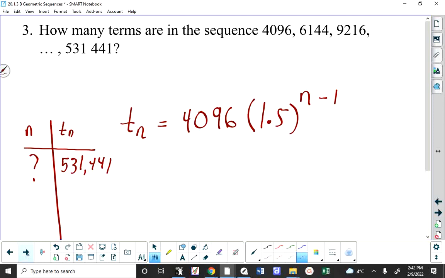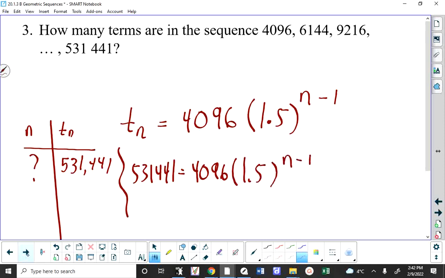So that must be how many terms there are. So we are trying to solve this: 531,441 equals 4096 times 1.5 to the n minus 1. Now, I hope you understand you can't solve that for n, so you go to your calculator. I also hope you understand, unlike the previous question where we got 19 point something, it was in between, this has to be a natural number for n. You can't get a decimal here for n.